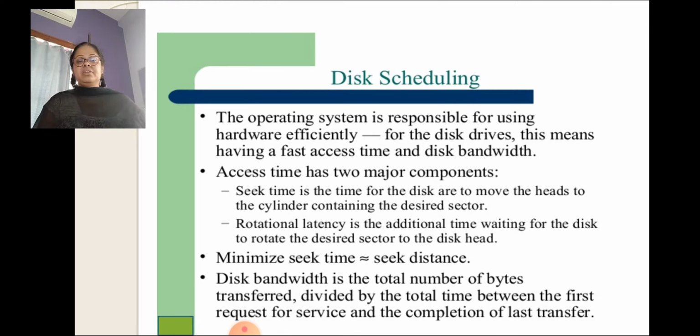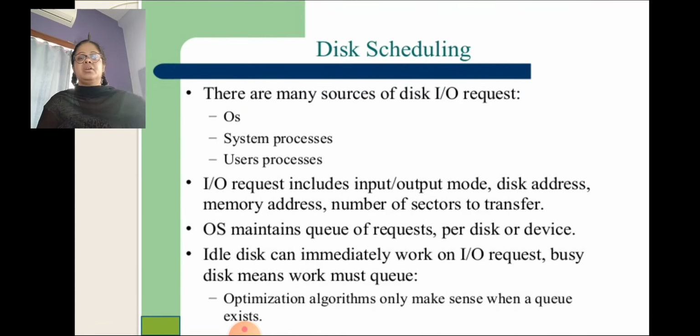There are many sources of disk IO requests: the operating system, system processes, and user processes. IO requests include the input or output mode, the disk memory address, and the number of sectors to transfer.